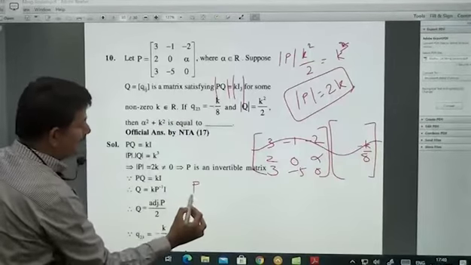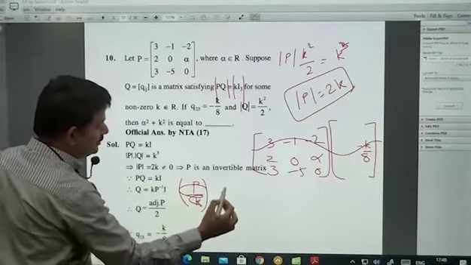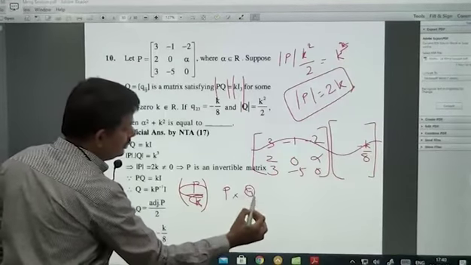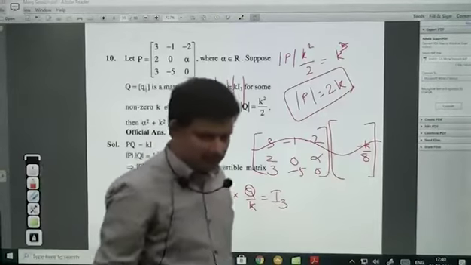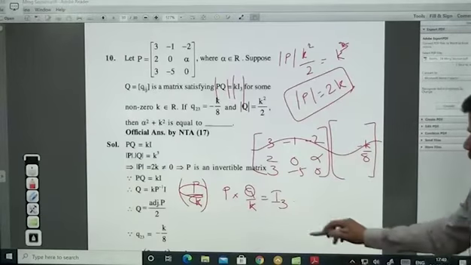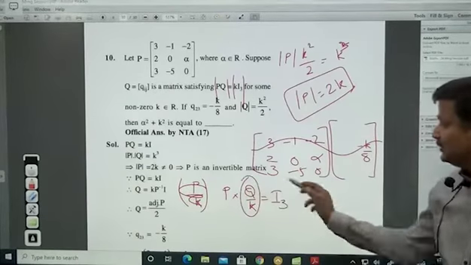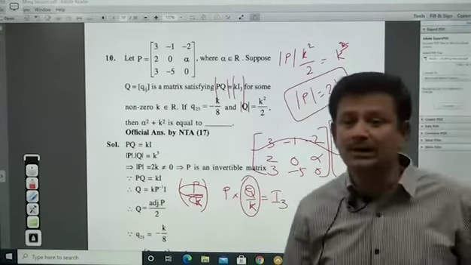P by k, or simply P into Q by k is I3. So what does that mean? Q by k is the inverse of P. So find the inverse of P.